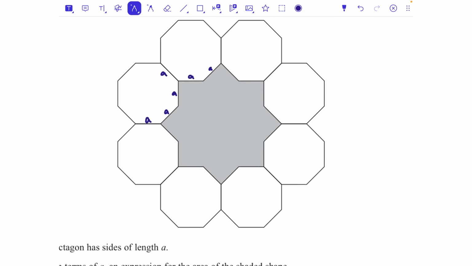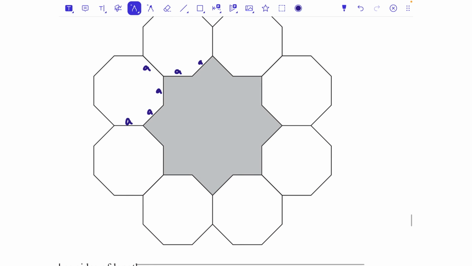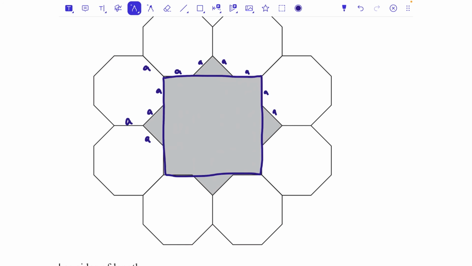Okay, so there's a couple of different ways of doing this. You've got a square here, which has a side length of, let's just fill in all these a's that I might need. So the length of this here is a for that bit. You've got a for that bit.